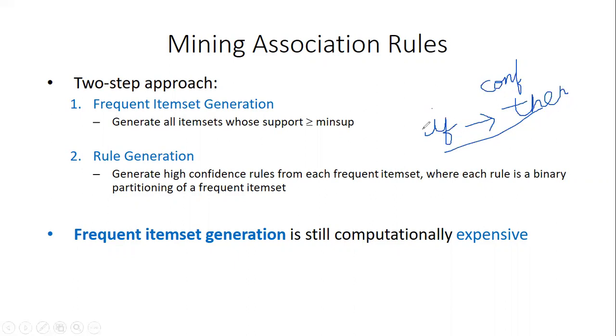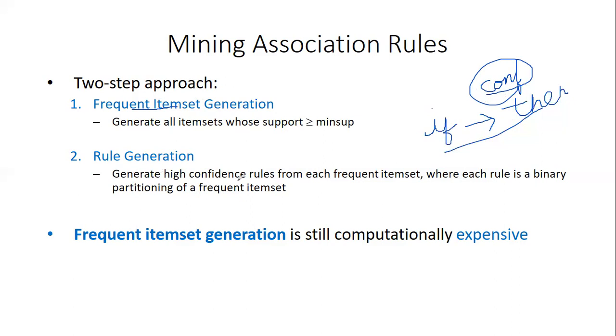That means a person who has come to buy items from the market or a supermarket like Walmart or Big Bazaar, if he buys beer, and he has a baby, then he also goes for the diaper. So there is a correlation between them. How was it identified? It was identified by using a metric called confidence, and before finding this, they found out whether it is a frequent item set or not.